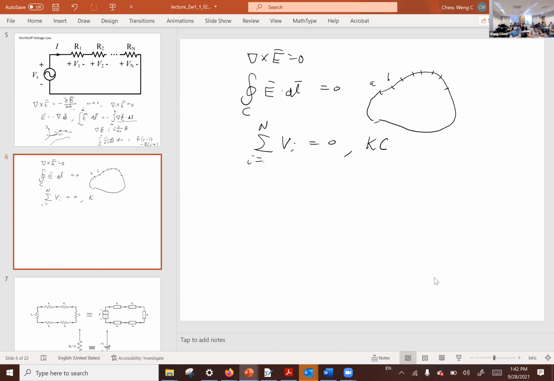And this is what we have learned in an undergraduate circuit course as Kirchhoff's Voltage Law. So you can see that Kirchhoff's Current Law is a consequence of Ampere's law, and Kirchhoff's Voltage Law is a consequence of Faraday's law.